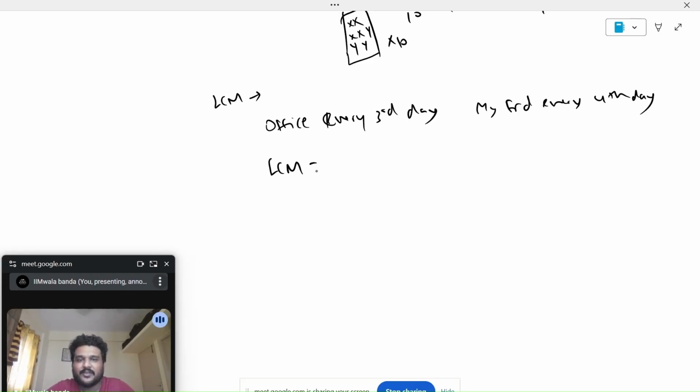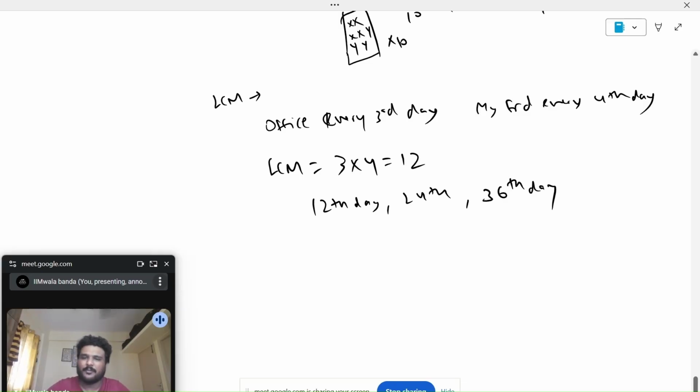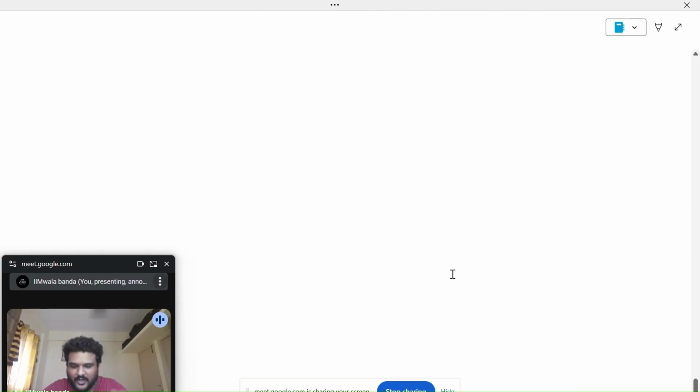So this case will be of LCM, 3 into 4, or 12. So 12th day we will be together, and then 24th day, and then 36th day, and so on. Keep on adding 12. So these will be the days when we'll be together in the office. All right. There's a very nice example for the same.